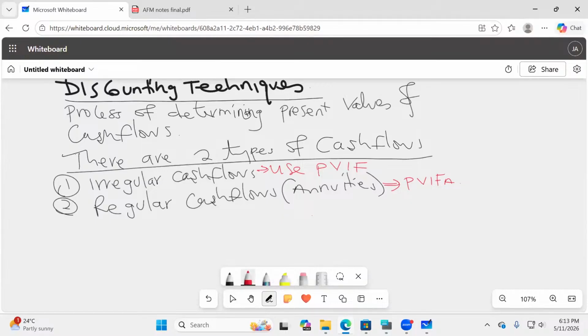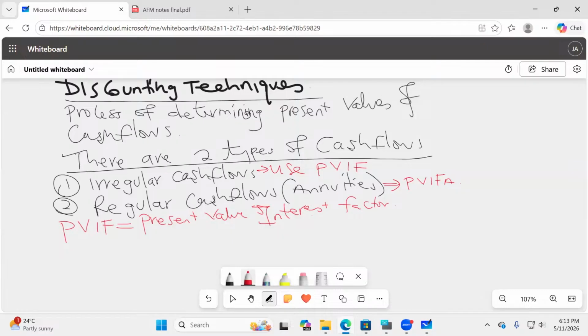Are you able to remember what these things stand for? PVIF stands for present value interest factor.